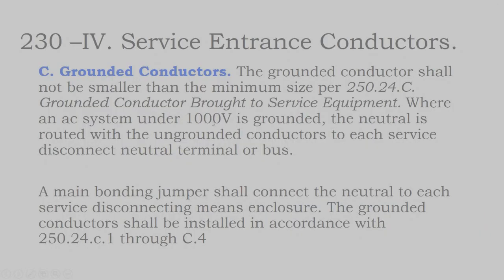We have the neutral conductor; the size of it is governed by a particular table in the National Electrical Code. Where an AC system under 1,000 volts is grounded, the neutral is routed with the ungrounded conductors to each service disconnect. So your neutral is going to be running throughout the system.